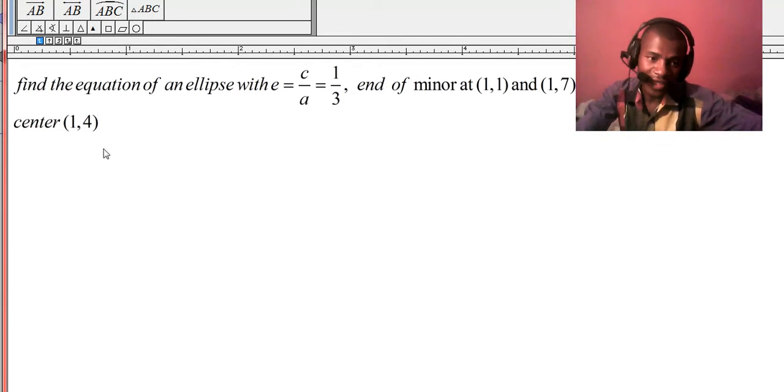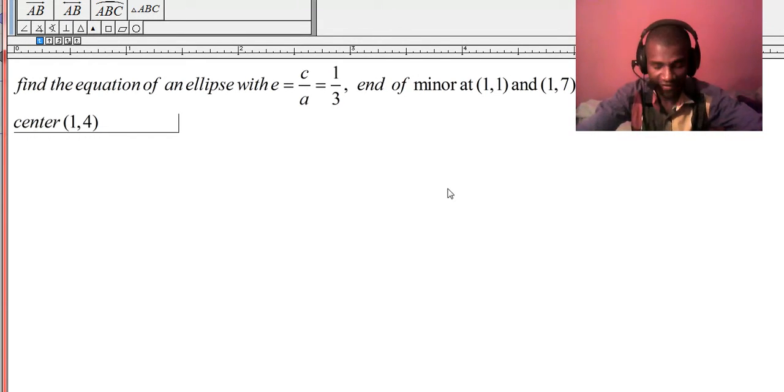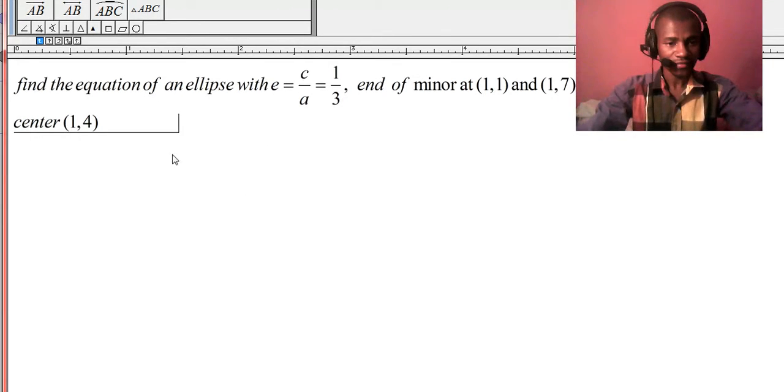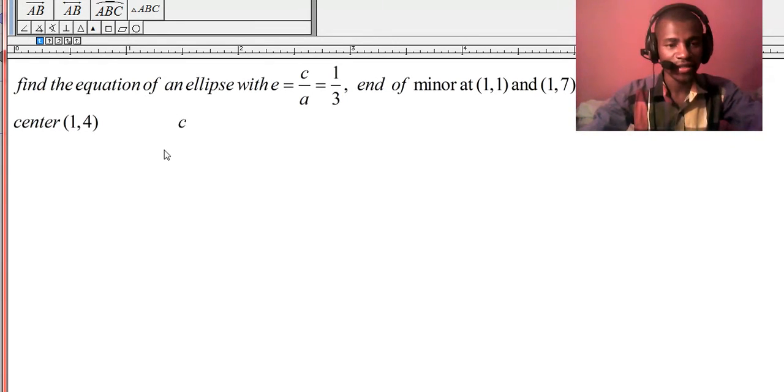Okay, so once we get the center, we can reveal a lot of other important facts. From there we go on to use the other formulas that we have. So we are just trying to figure out things which are apparent.